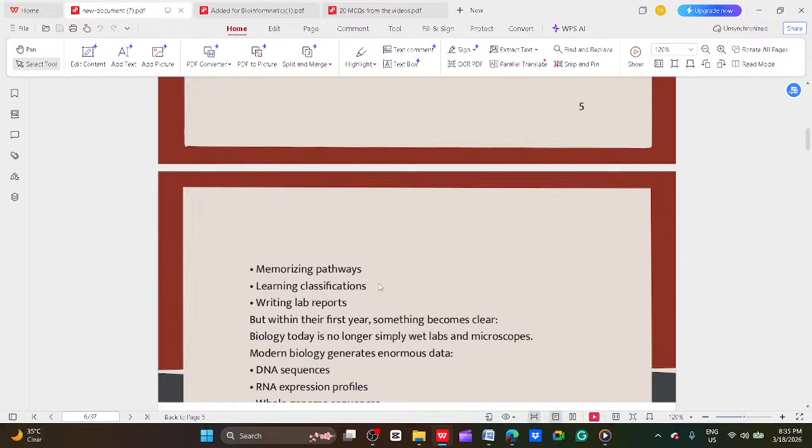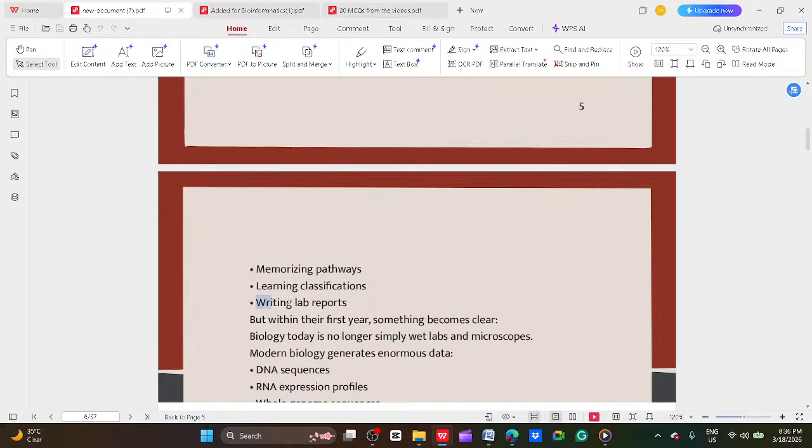Then so many people ran away because of classification: Mastigophora, and so on and so forth, Chiroptera. All these botanical or biological names drove so many people away.